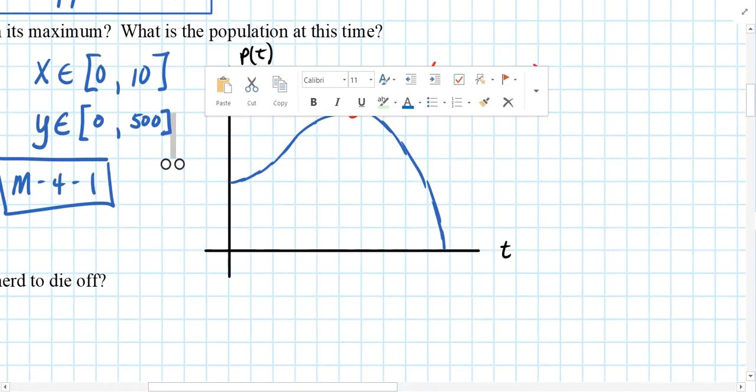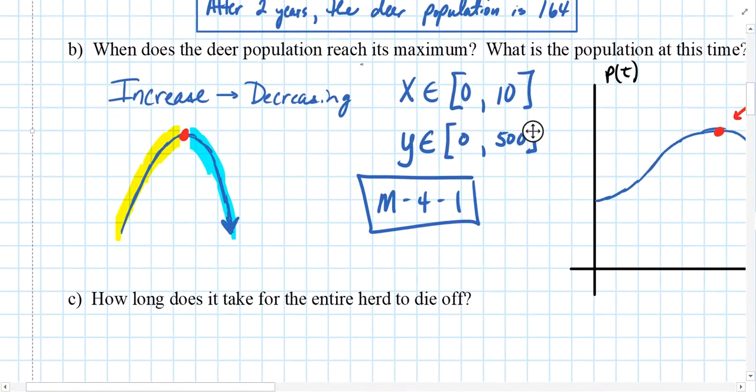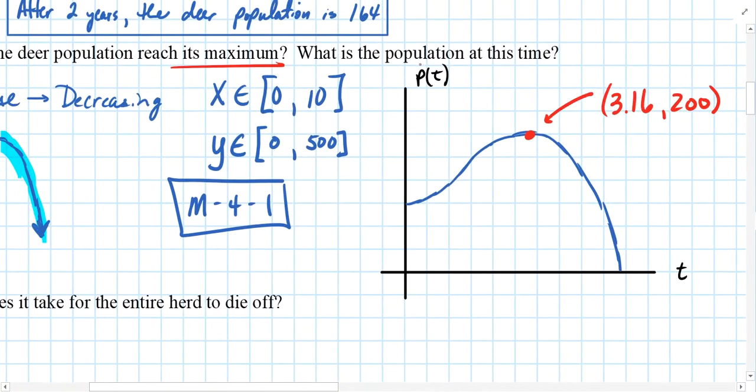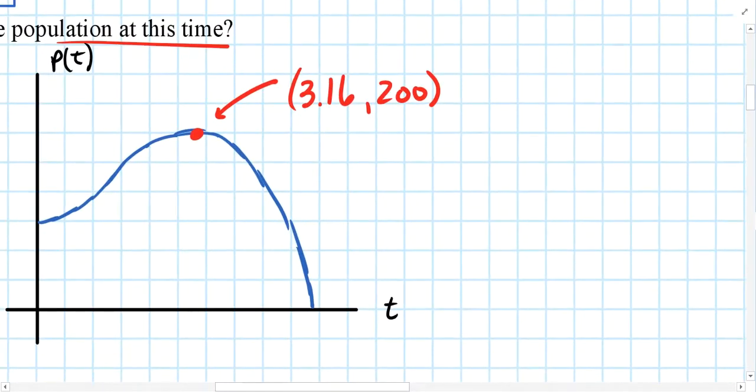And so now we can answer the question, well, when does the population reach its maximum, and what is the population at this time? Well, with this coordinate, we have an x and y component, or t and p of t component.